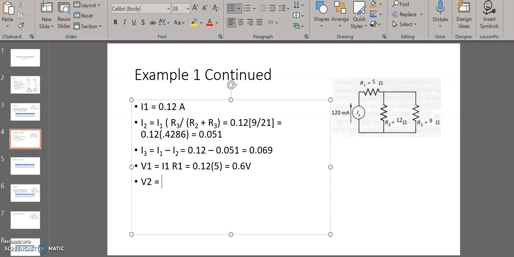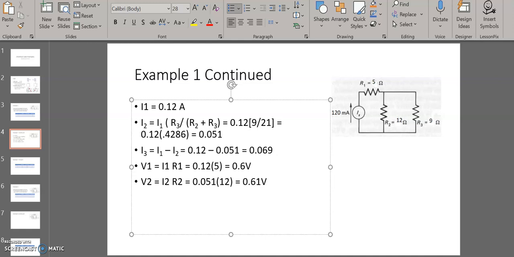Okay, now the next one I have to figure out is V2, and that is going to be V2 equal to I2 times R2, and that is going to be very simply 0.051 times my 12 ohms, and that's going to give me a voltage of 0.61 volts.